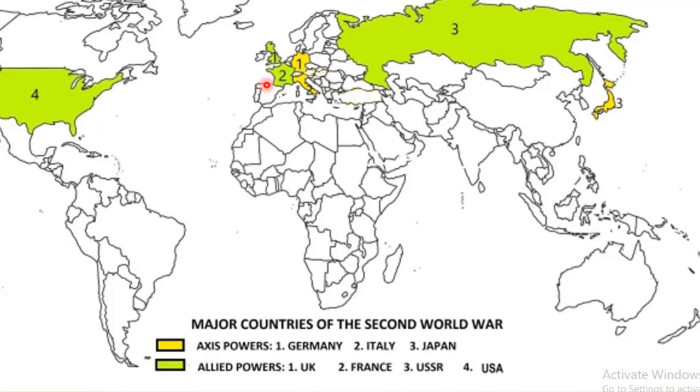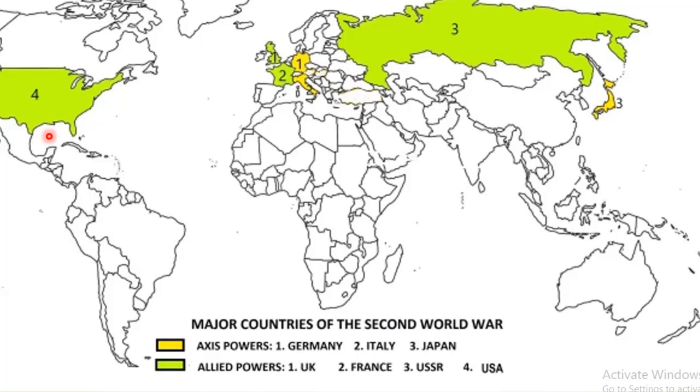So come to Europe now. In Europe, this England you can shade, then just below that France you can shade, then moving towards the eastern side, the whole huge region called USSR, that also you mark, and towards the extreme left we have USA.